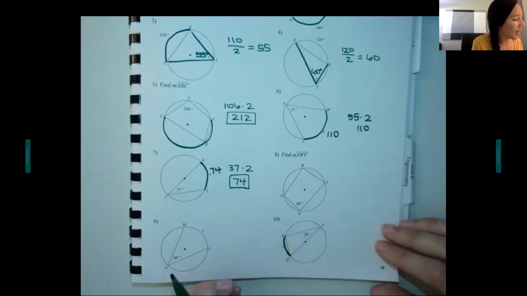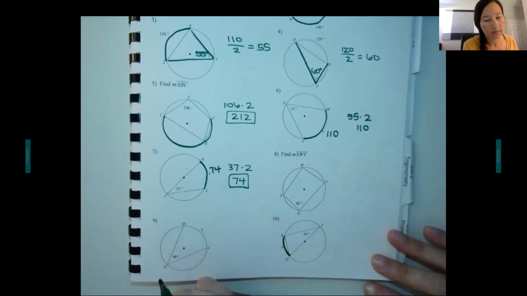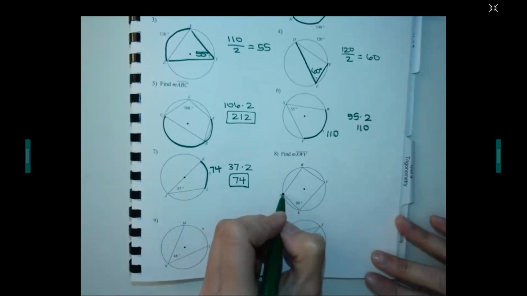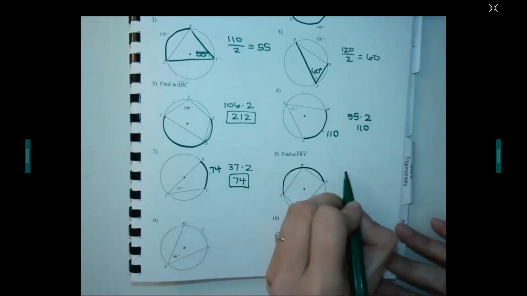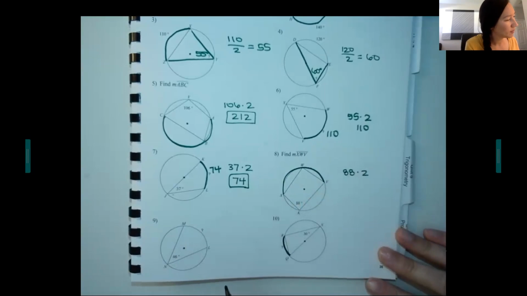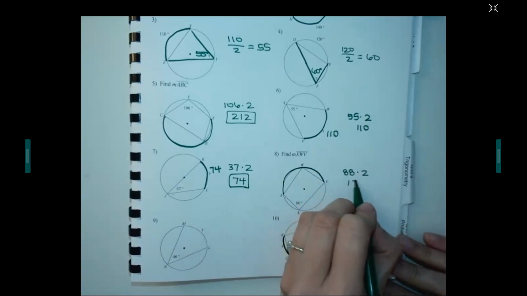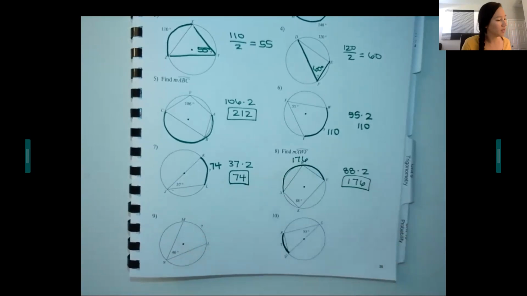Rick, what about number 8? So for number 8, I multiplied 88 degrees times 2, and that got me 176. Excellent. This arc is 176 degrees. Thank you, Rick.